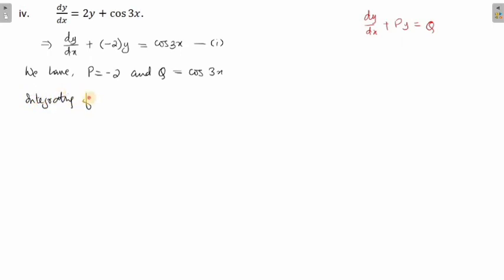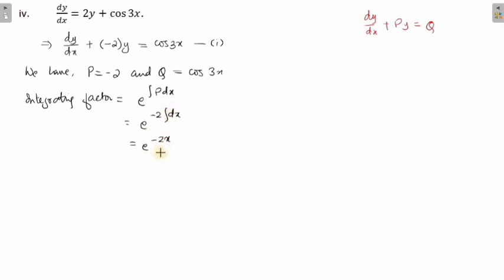So the integrating factor is calculated using this particular formula, isn't it? So we have e to the power integral of P dx, where P is minus 2, so that minus 2 can be kept outside the integral sign. So we have only integral dx. How much is this? It is e to the power minus 2 times integral dx, which is x, right?